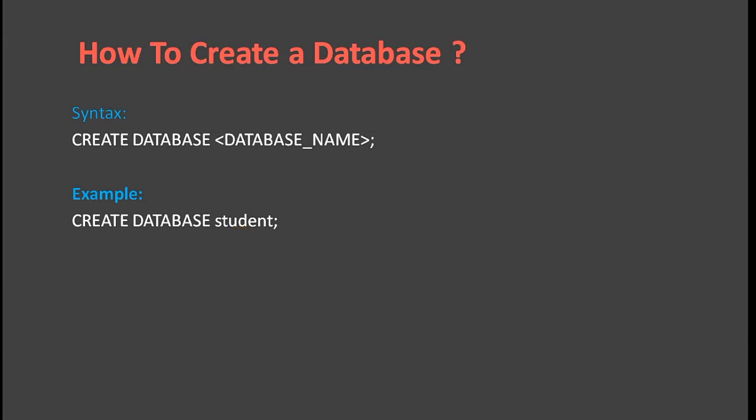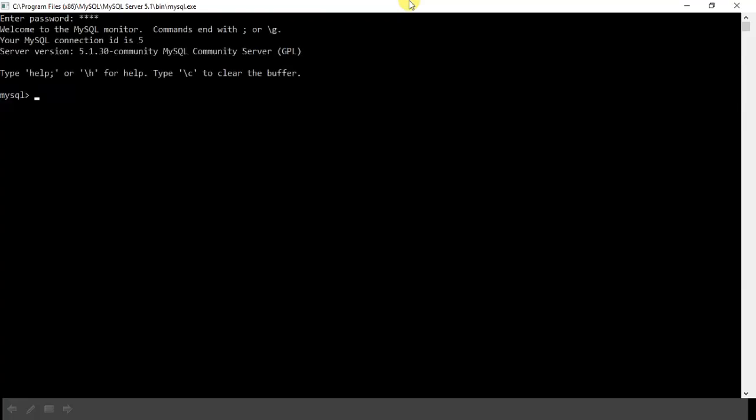Let us see this in MySQL. I am going to use MySQL for running the queries. So the command is create database, and now the database name, which is student, and at last a semicolon, and hit enter.